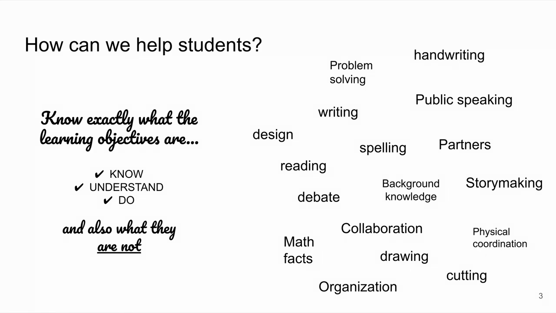So just think of the huge and wide variety of different things that children have to know, understand, and do at school. Throughout any one day, they might be asked to solve problems or do some handwriting, maybe stand up and do some public speaking, do spelling, work in partners, use their best social skills, engage in debate.